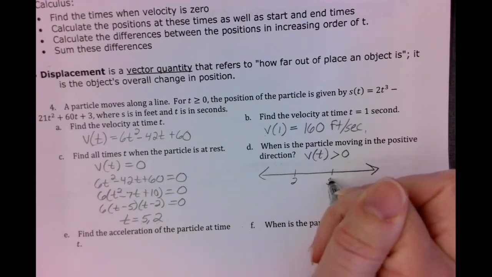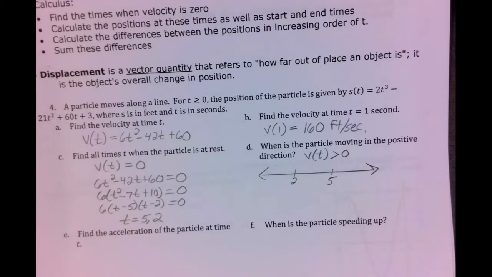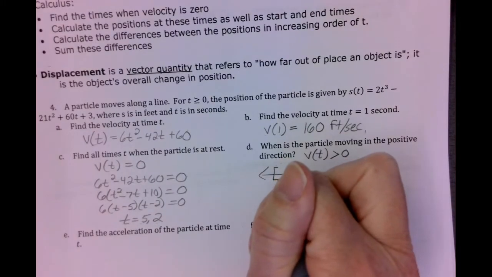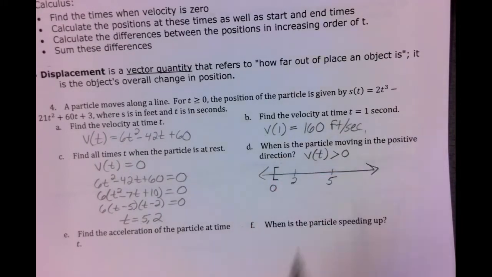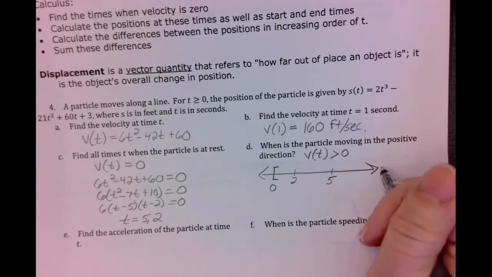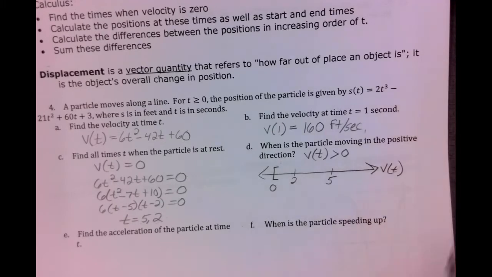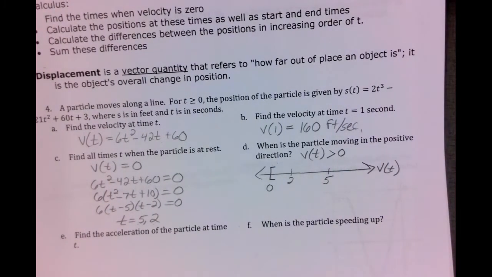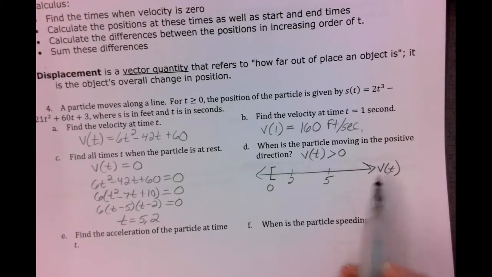And then, because it's an application problem, I can't have negative numbers. So I'm going to start here at 0. When is the particle moving in the positive direction? I would need to have a positive velocity. So I'm going to do what's called a sign chart to determine the signs of the velocity. To do that, I'm going to take numbers in these different intervals and plug them into the factored form of the velocity.